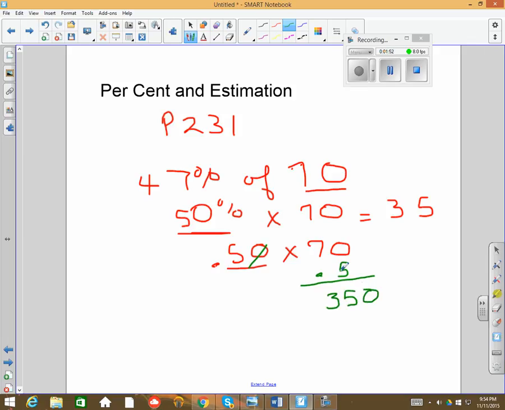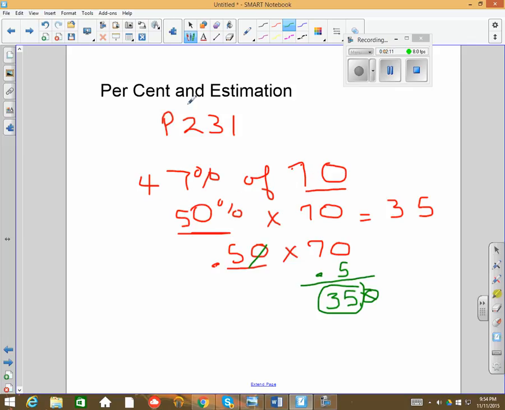I move the decimal over 1, and you still get 35. So 35 is approximately 47% of 70.